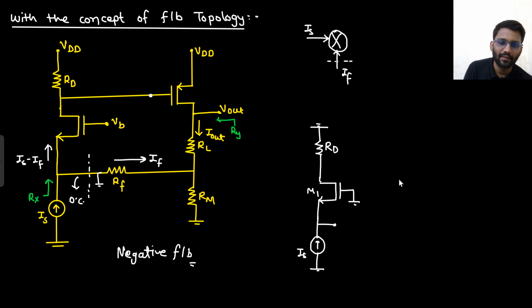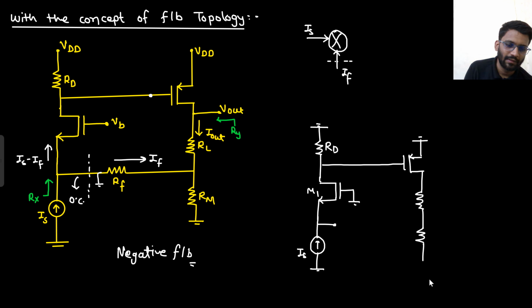This is M1, and this node is connected here. This is grounded. This is V out. This is RL. This is RM. And this node is V out. This is your RF, and you want it to sustain, so this will be grounded. Say yes or no. And this was your I out.